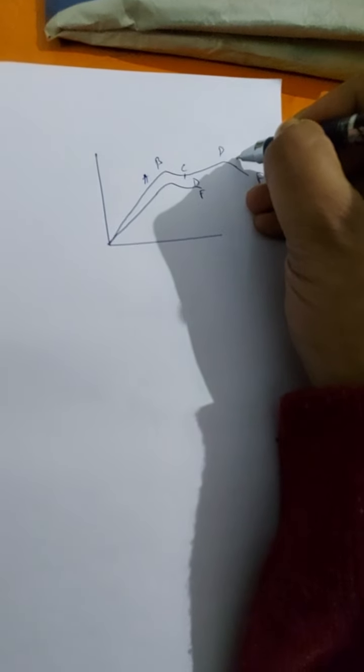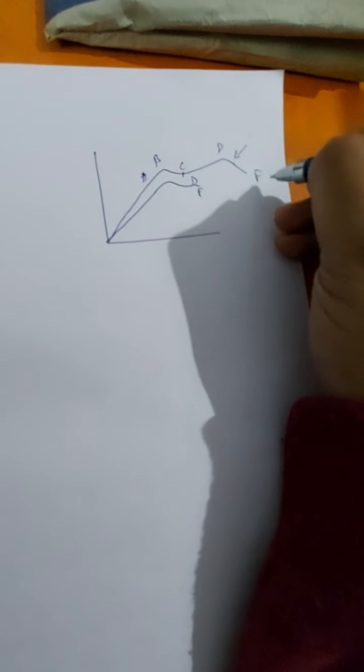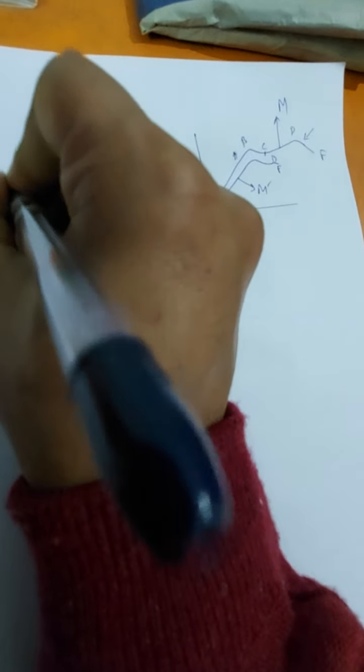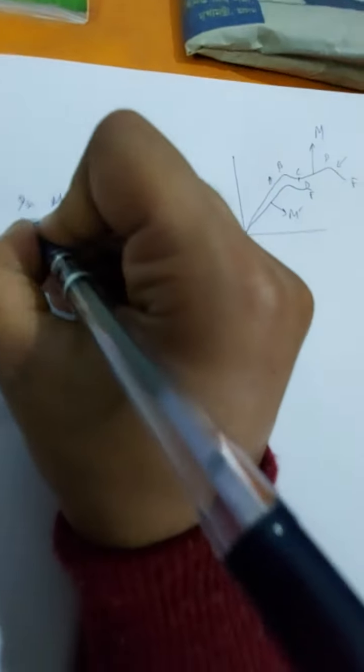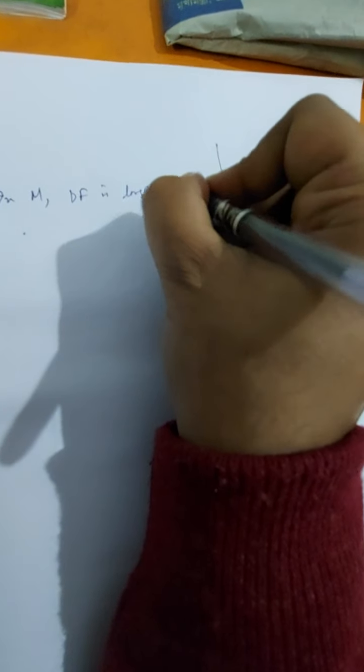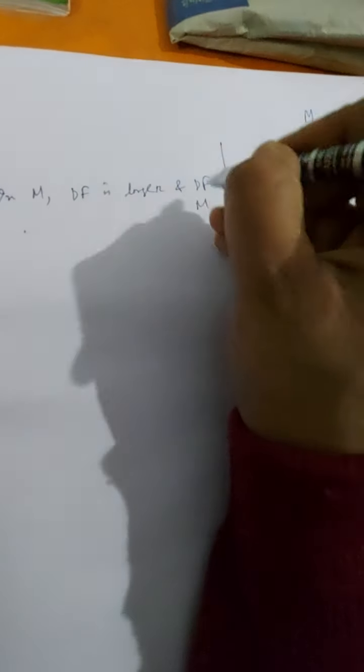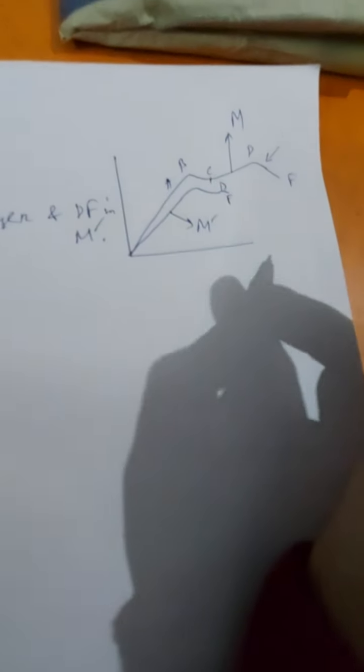This graph is for material M and this graph is for material M dash. Now as you can see, in M, DF is large and is larger than DF in M dash.